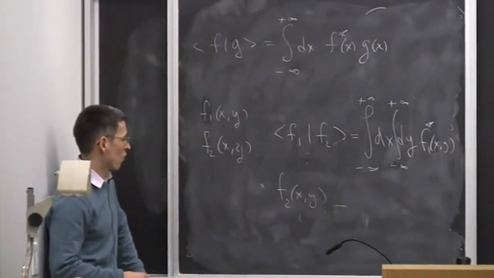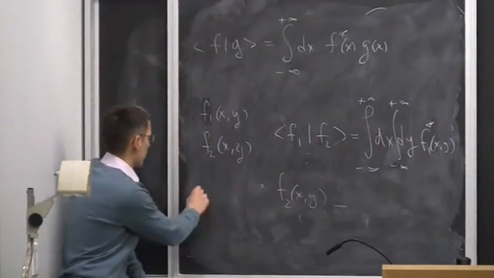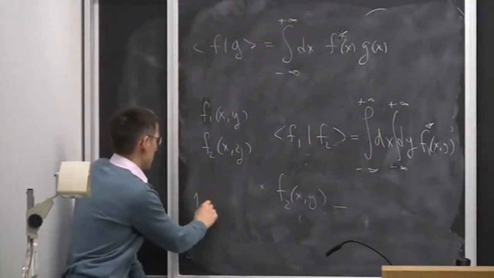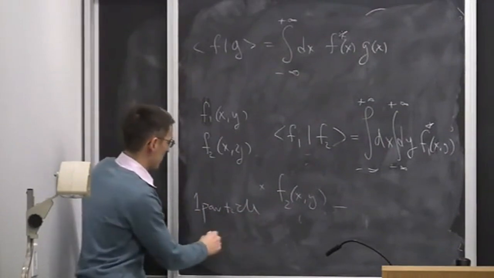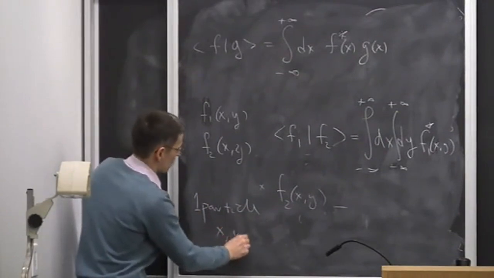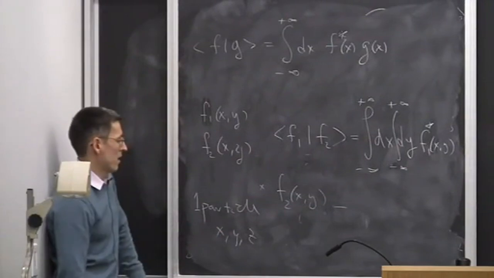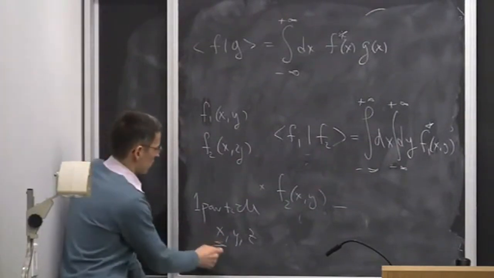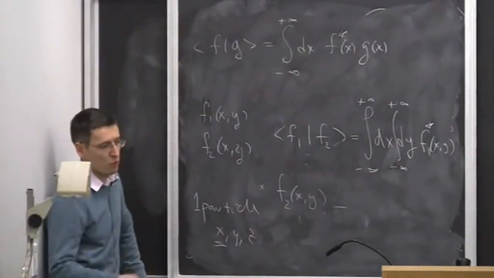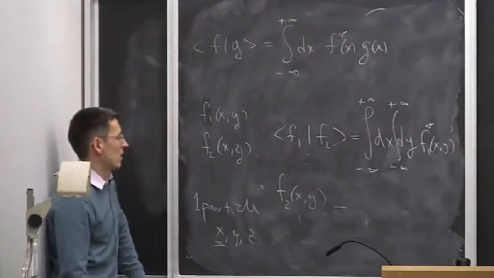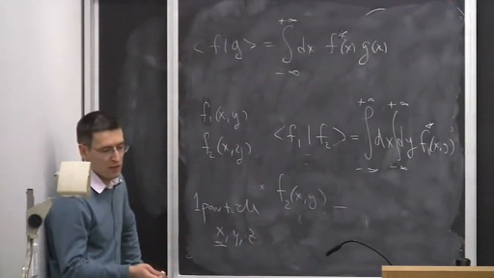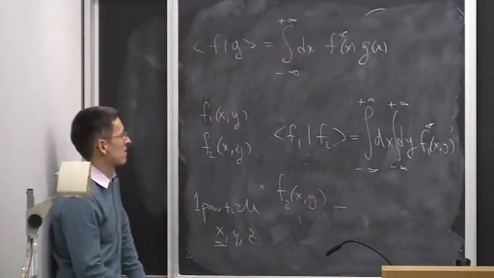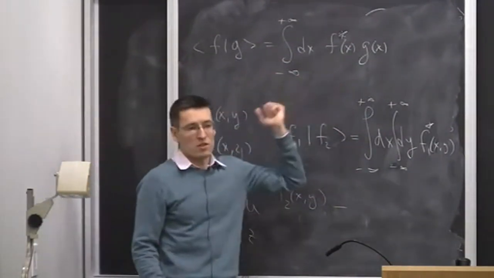Because in quantum mechanics, if you have one particle in three-dimensional space, that means you need x, y, z coordinates. And so far we've been working only with the x-coordinate as a spatial coordinate. That's not because everything is one-dimensional in quantum mechanics. That's just to make the illustration simpler.